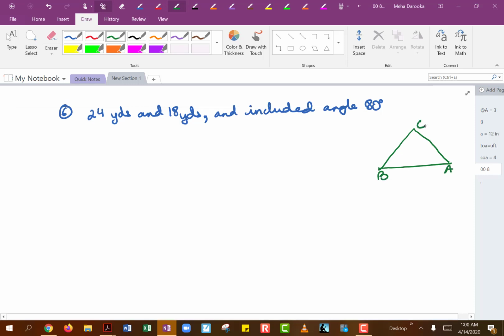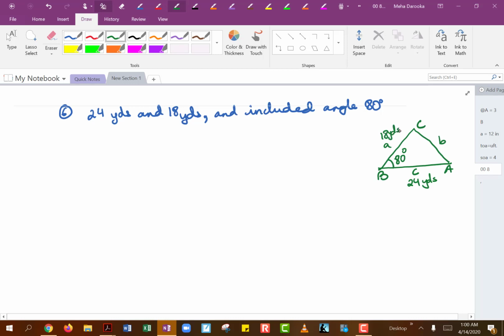Let's say these are our angles. This will be our side. We are given an angle of 80 degrees. So let's say it's this angle here, which is 80 degrees. And we are given the two sides around it. So that would be 24 yards, and the other one was 18 yards.